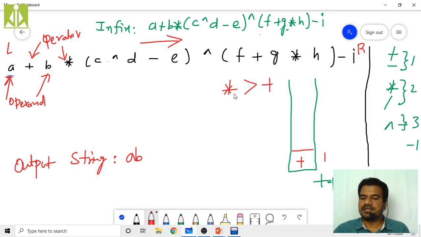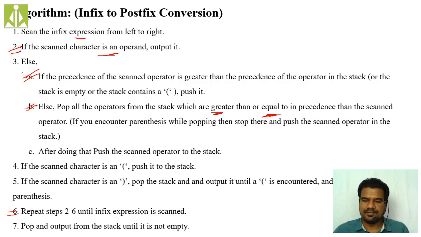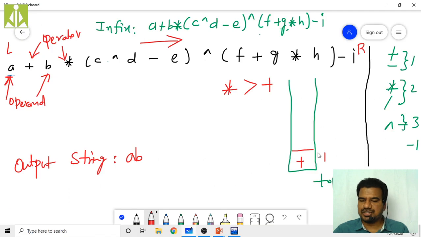It is greater, isn't it? The scanned character's operator precedence is greater. So if the precedence of the scanned operator is greater, push it. So we are pushing this star to the top. So top will become 1.